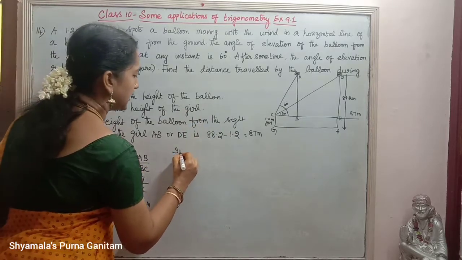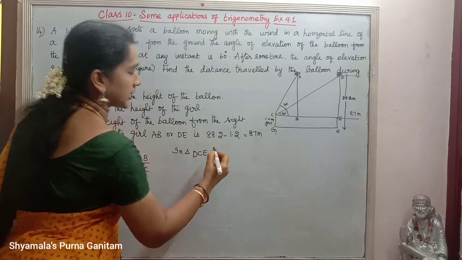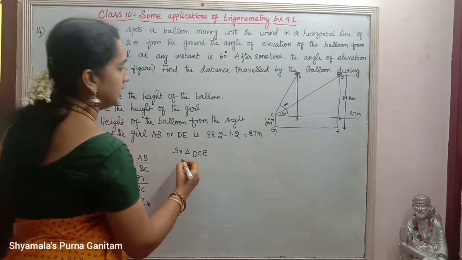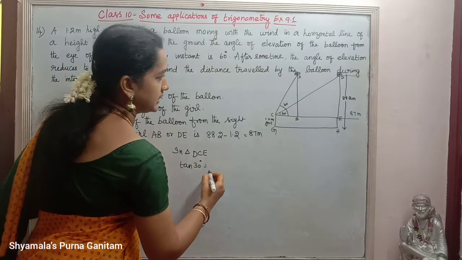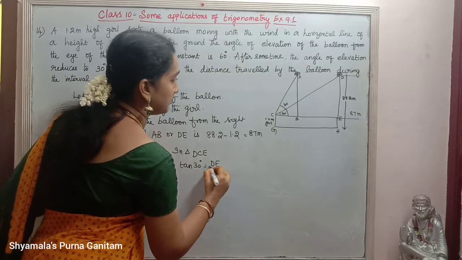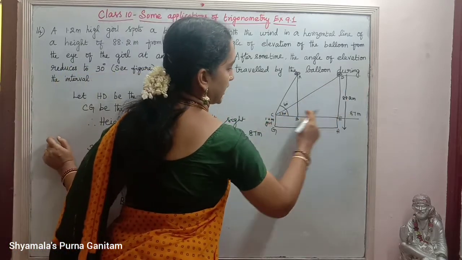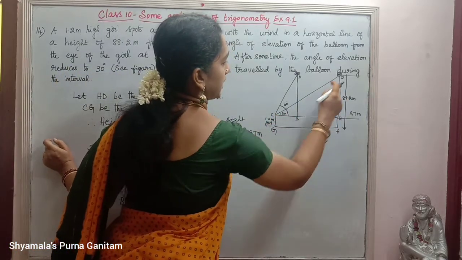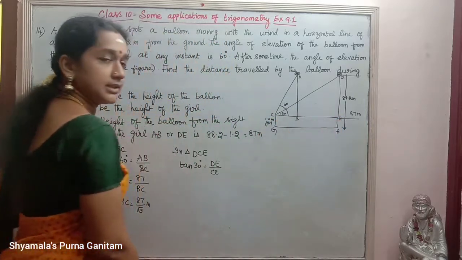Now in triangle DCE, tan 30 is equal to DE by CE. In this triangle, opposite is DE and adjacent is CE.